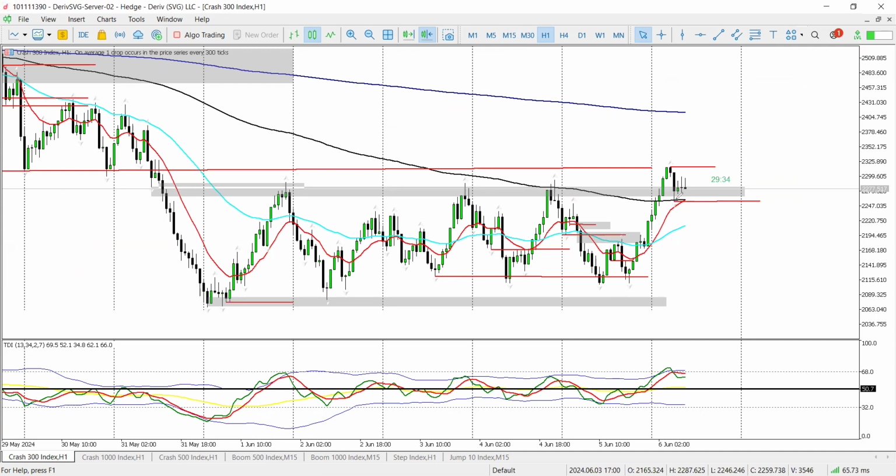If we come back below the zone and below this order block, we're going to look for a short-term sell until we come below the 50 EMA. If we don't, there's a potential liquidity sweep here for a sell to still happen, or price will push up. So that's a quick recap of what we were talking about.